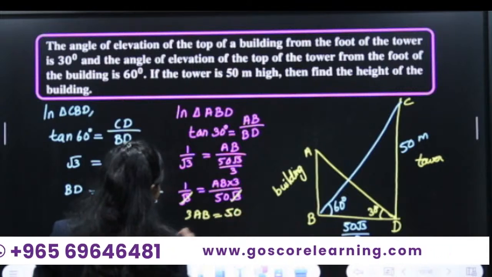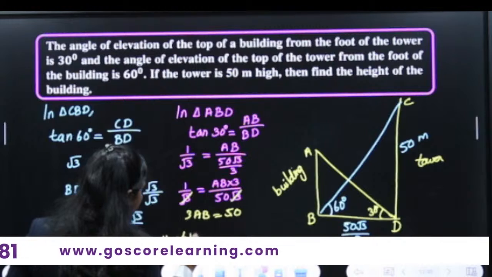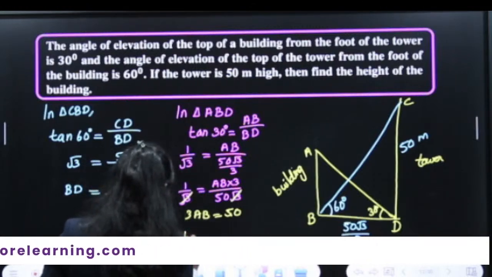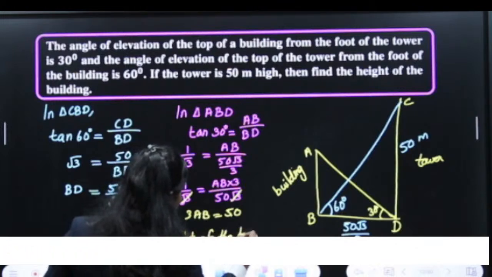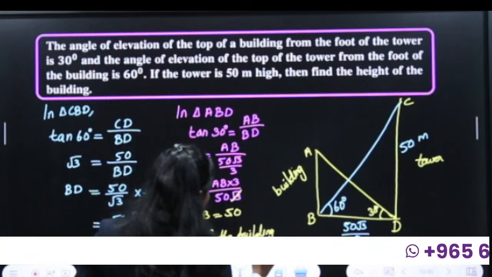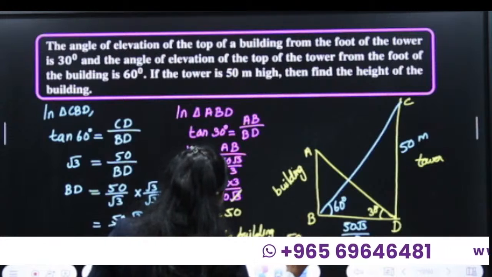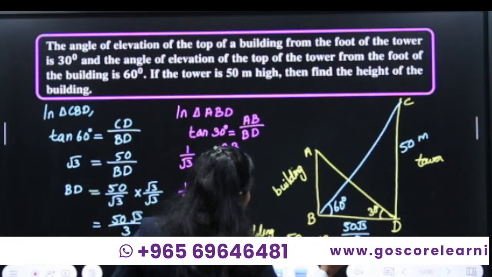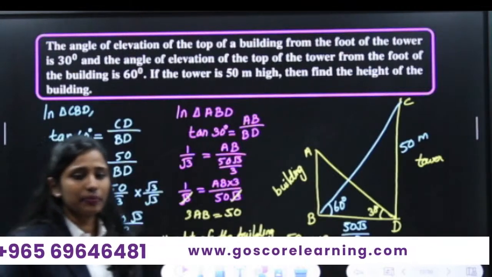So the height of the building, AB, is equal to 50 divided by 3, or you can say it is 16 2 by 3 meters. Okay, you got the answer?